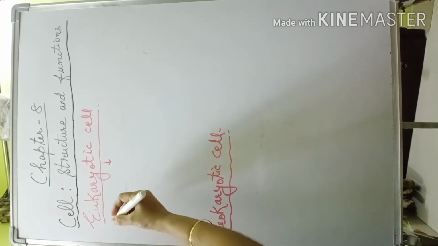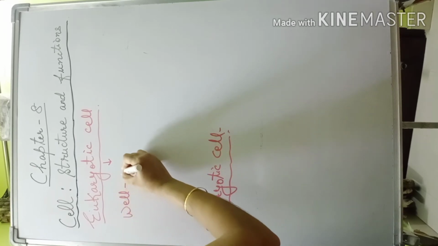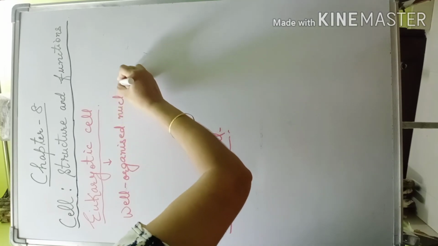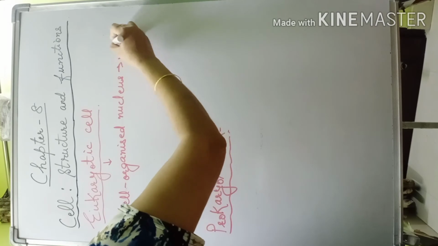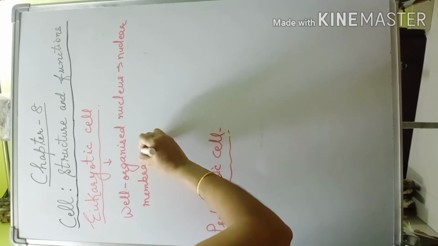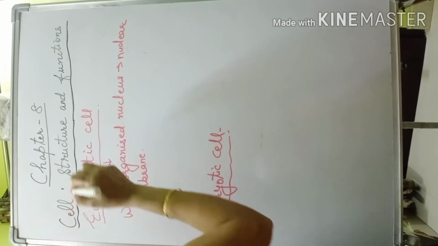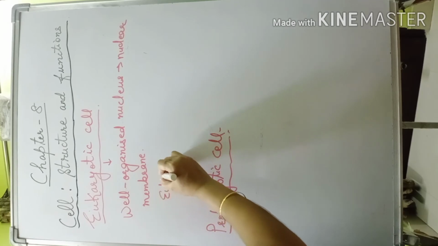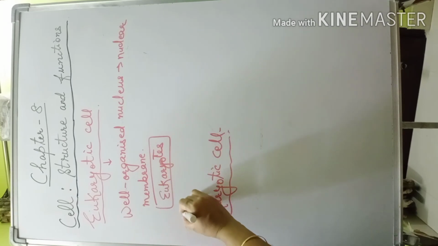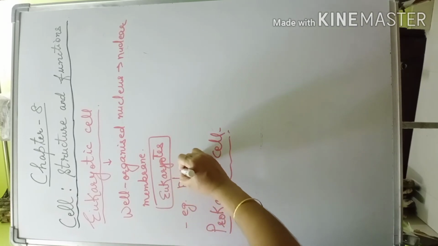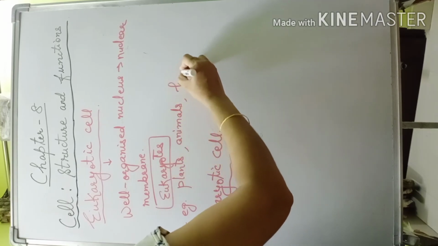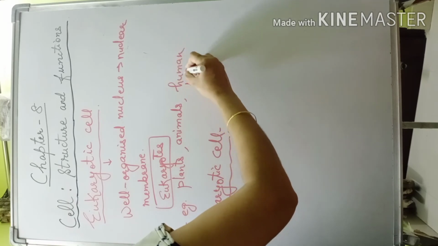The cell having a well organized nucleus with nuclear membrane around it is known as eukaryotic cell, and these organisms are known as eukaryotes. For example, plants, animals, human beings, etc.